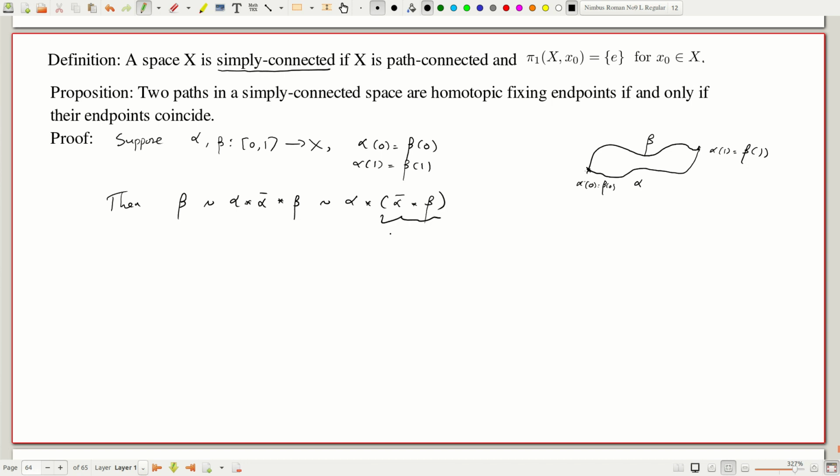But now this is a loop, so this element belongs to pi 1 of X with base point where it ends, which is beta of 1, which is also equal to alpha of 1, which is alpha bar of 0. Okay, so this is trivial. So this is the trivial group. So this is homotopic to alpha star E, which is alpha. Okay, so that's out of the way.